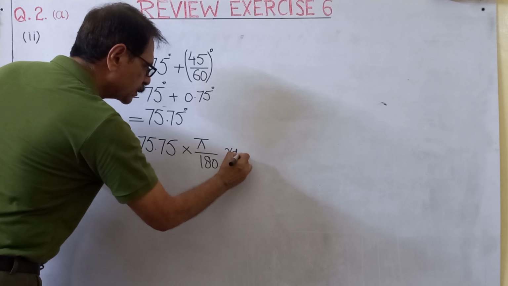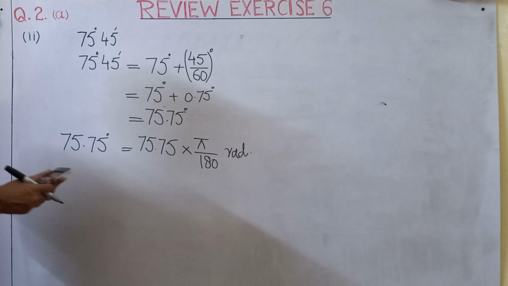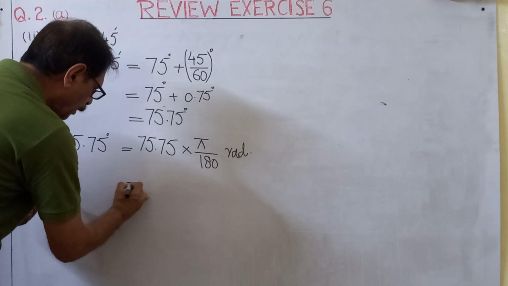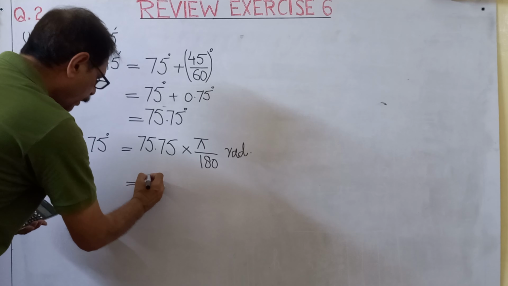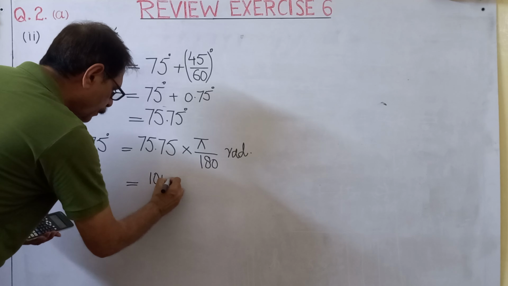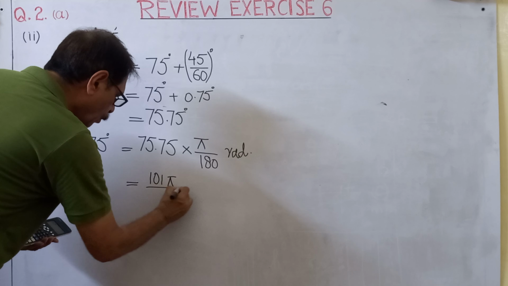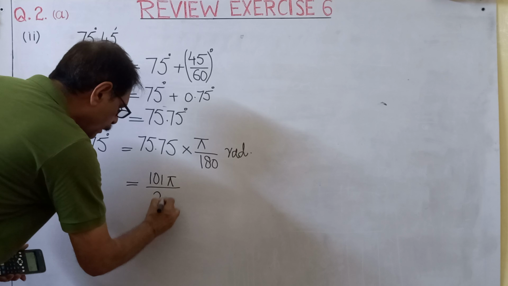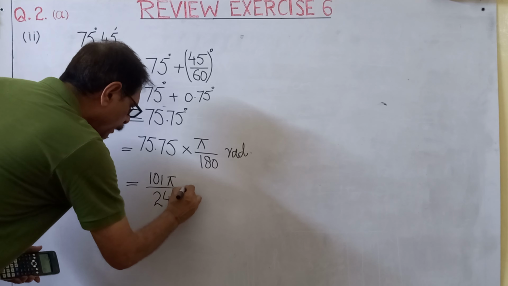This much radians. This is further equal to 101 pi over 240 radians.